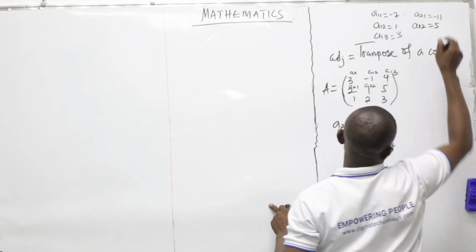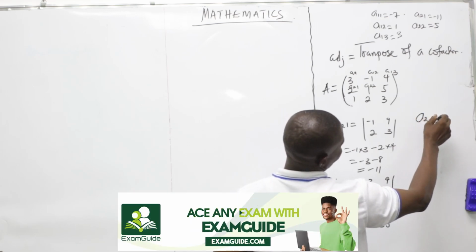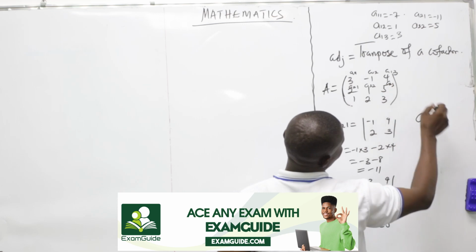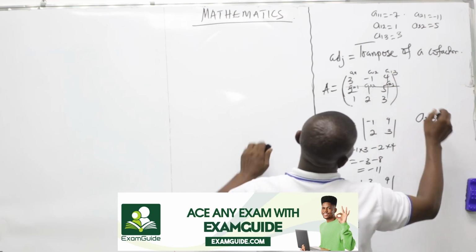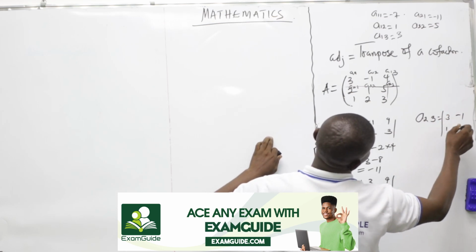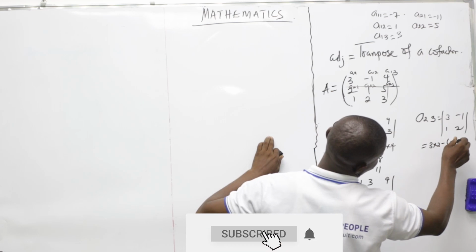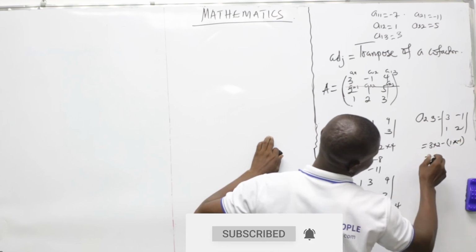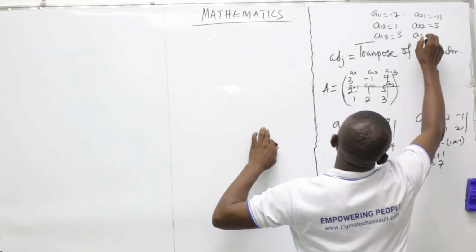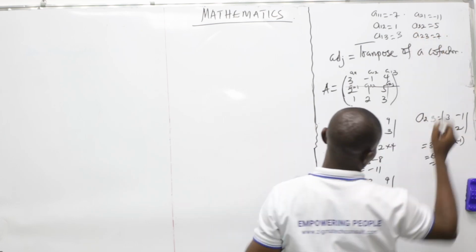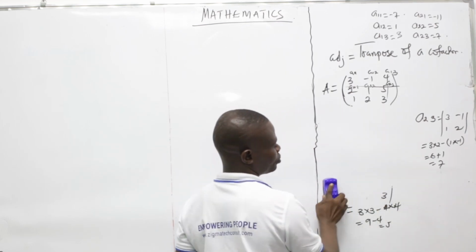A22 equals 5. Then A23 equals the determinant 3, minus 1, 1, 2. 3 times 2 minus bracket 1 times minus 1, that is 6 plus 1 equals 7. A23 equals 7. Then the next is A31.